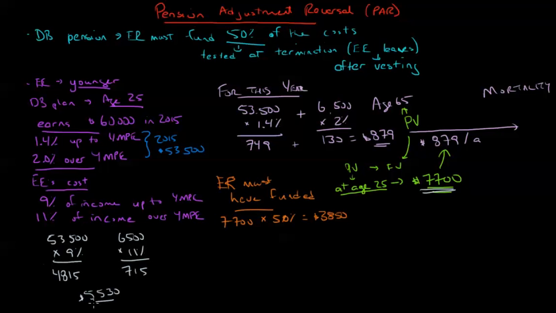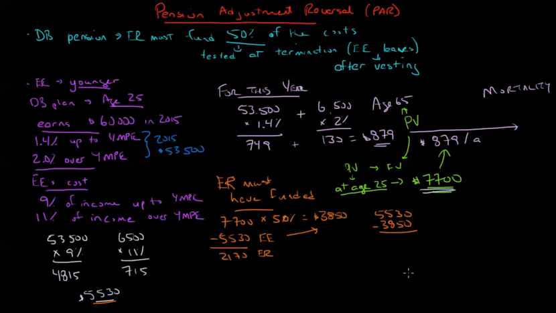They've only funded, because the employee put in $5,530, the employer at this point has only funded $2,170. So another way of looking at this is the employee has put in more than their obligation. So we can say, hang on here a second, employee, you put in $5,530. You should have only put in $3,850.